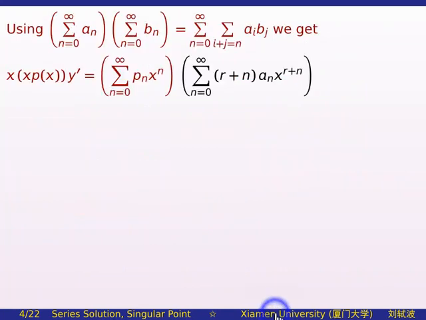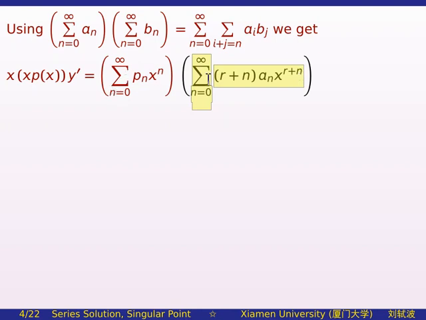So this gives us this power series, which is x y prime, because for y prime the order of x is r plus n minus 1, and we have an additional x in front of the coefficients. So this raises the order to r plus n.